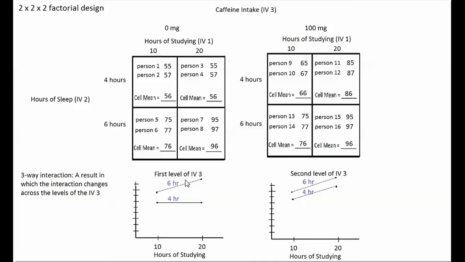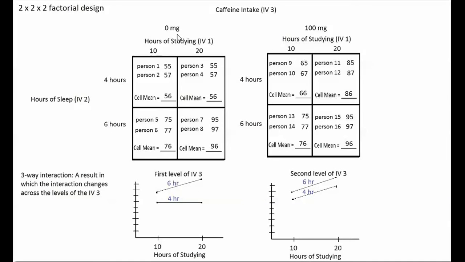So what we have is an interaction between studying and sleep at the first level of IV3, the 0 milligram condition, but no interaction between studying and sleep at the second level of IV3, the 100 milligram condition. So the interaction does change from the first level of IV3 to the second level of IV3.